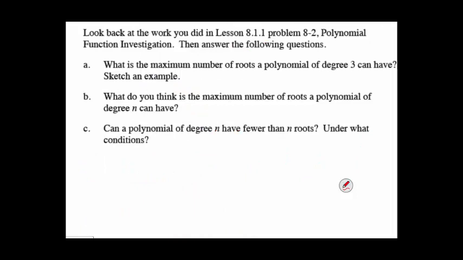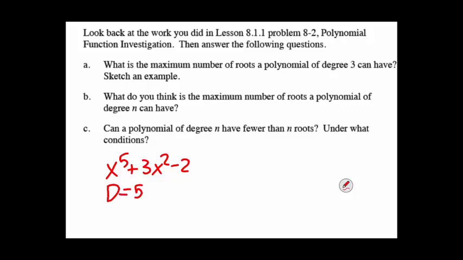Alright, so this is more for a class discussion. It's kind of hard to have a class discussion on here. But what I want to get across is whatever the degree is, that's how many solutions you should be able to find. So if you have a polynomial like this, you'd say, well, the degree of that's 5.